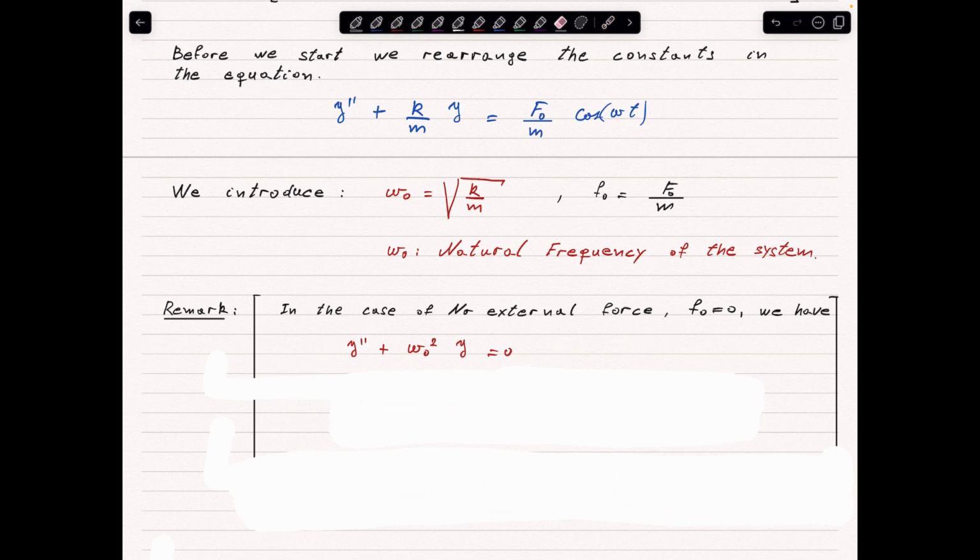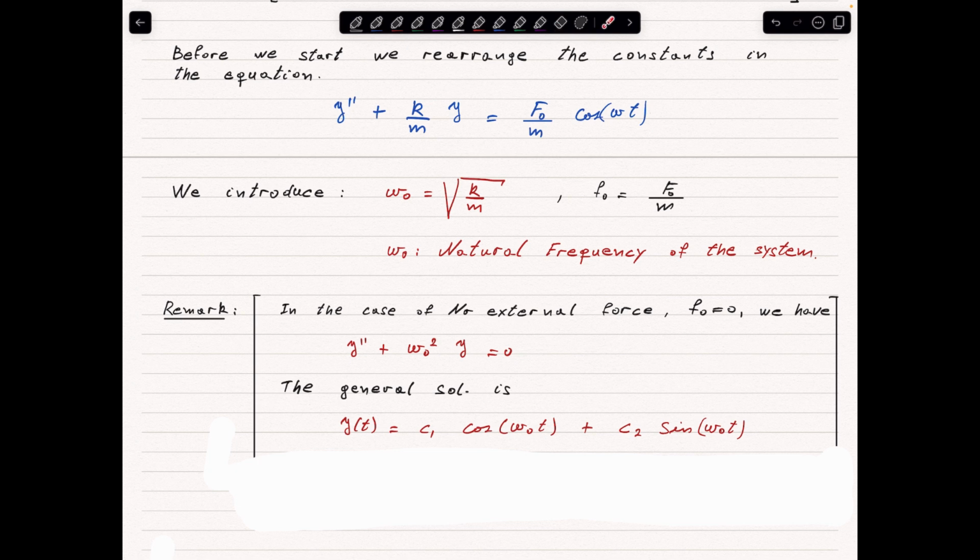So that calculation gives us that the general solution of the homogeneous equation is a combination of cosine and sine of omega 0 t. So the system oscillates with the frequency omega 0, which is why omega 0 is called the natural frequency of the system.